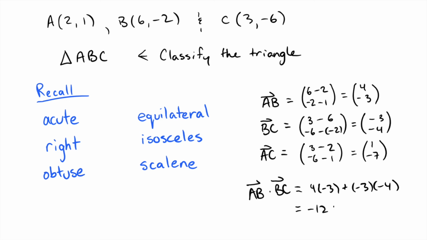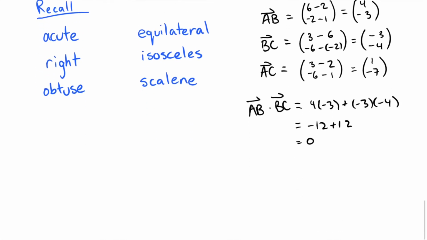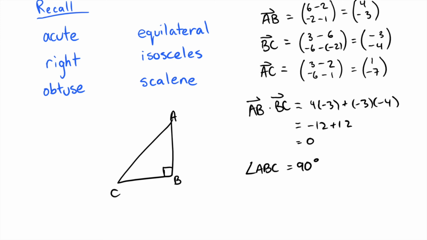So this is -12 plus 12, so that's 0. That tells me that angle ABC is 90 degrees, because where vector AB meets BC, they're perpendicular, so that's where the 90-degree angle is. So I know that I have A, B, C, and this is a right angle.